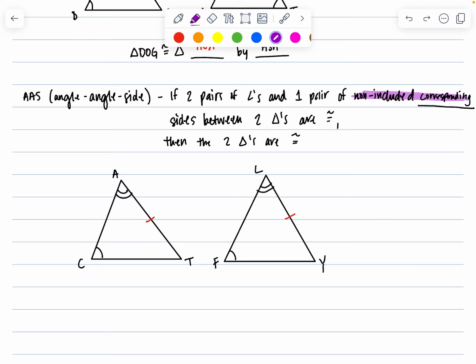Now, the reason why I say that is because what happens if I actually change this to this other side? Okay, now technically these both have one tick on them, meaning they are congruent, right? So that's where the non-included sides are congruent.